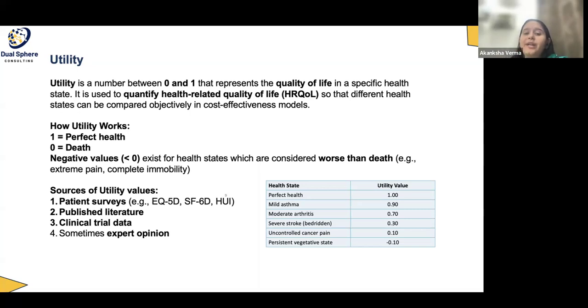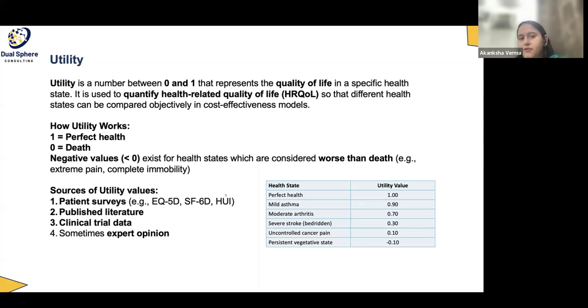Okay. Now, what are the sources of utility values? Again, as I told you, these values come from surveys and patient reported outcome measuring tools like EQ5D, SF-36, or disease specific tools. Then you get this type of data from published literature. You don't have to administer these questionnaires every time.